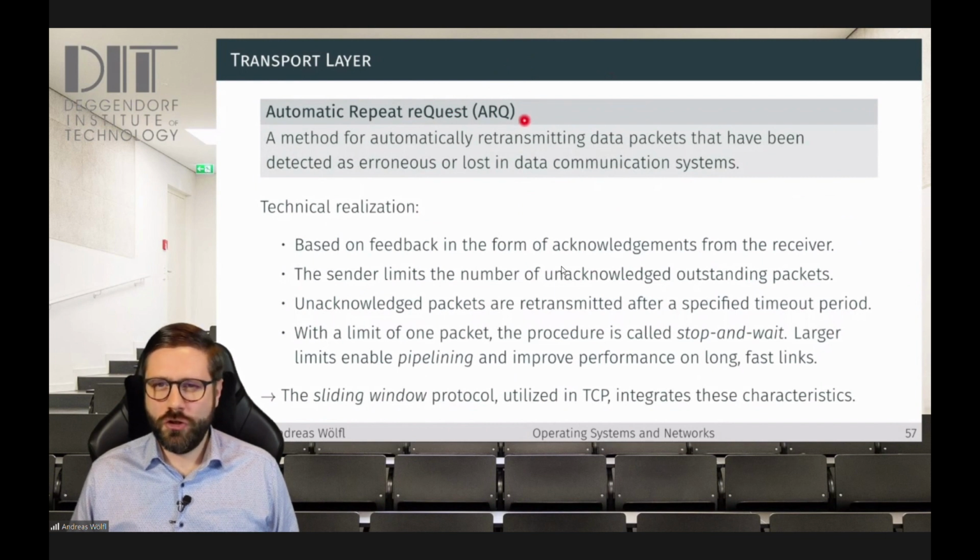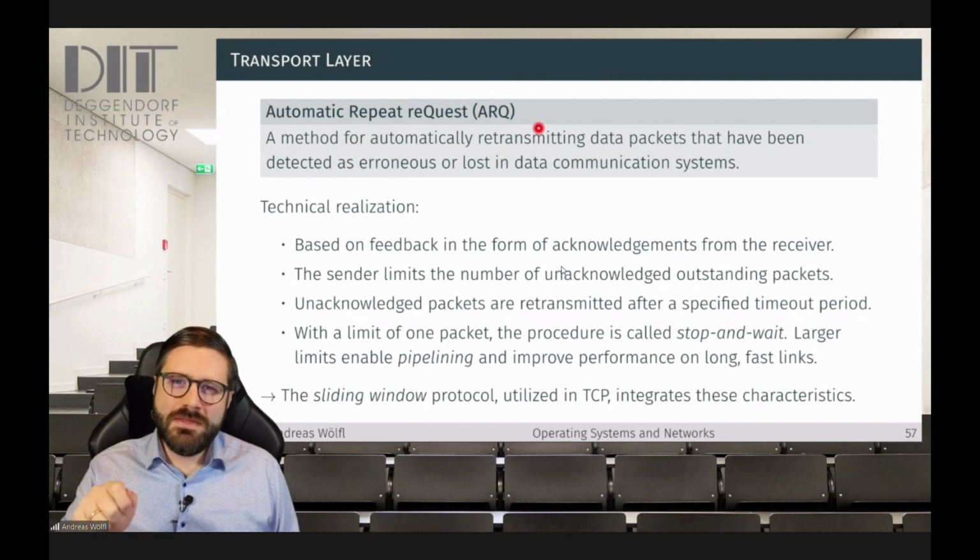The technical term for packets requiring an acknowledgement is ARQ. And this is a method for retransmitting packets that are not acknowledged by an acknowledgement packet. And this works with a timeout. So when a sender sends a packet, it triggers a timeout, let's say 150 milliseconds.